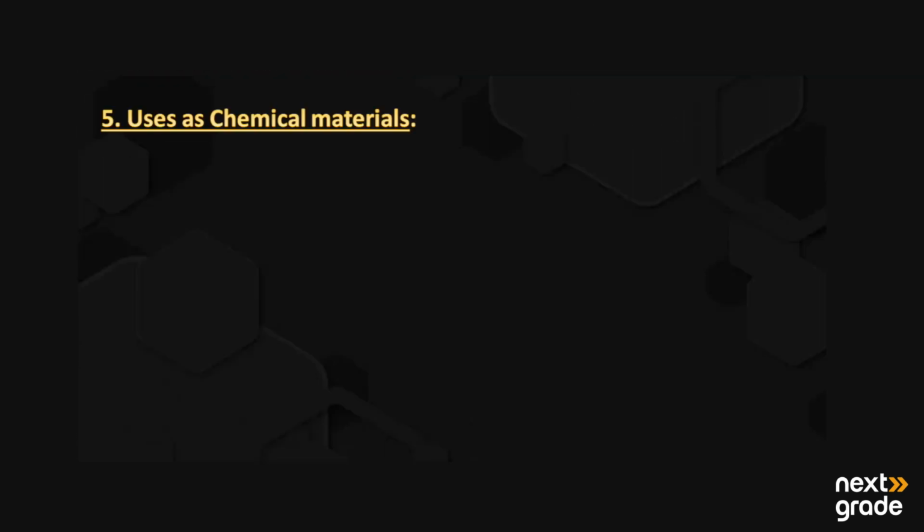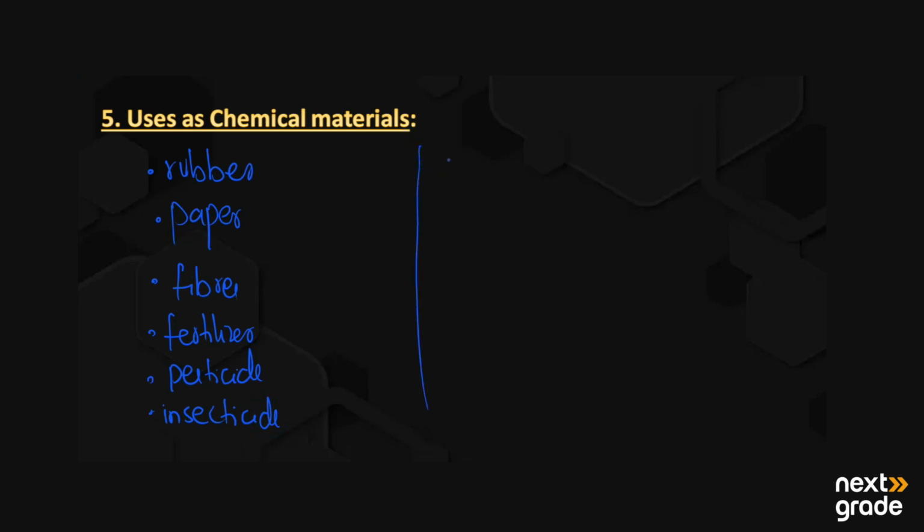These chemicals may be rubber, paper, fibers, fertilizers, pesticides, insecticides, cosmetics, paints, and detergents.